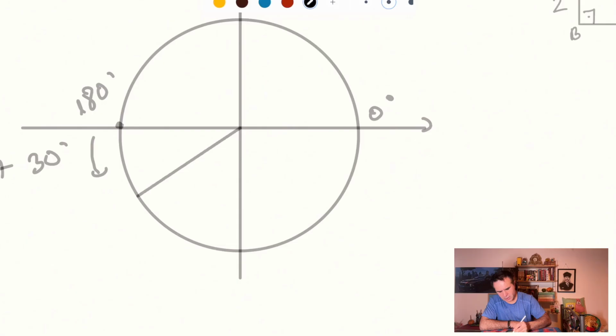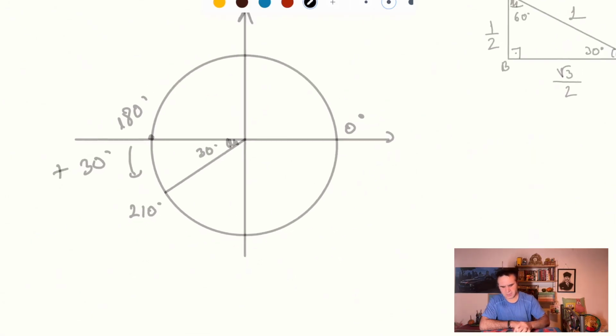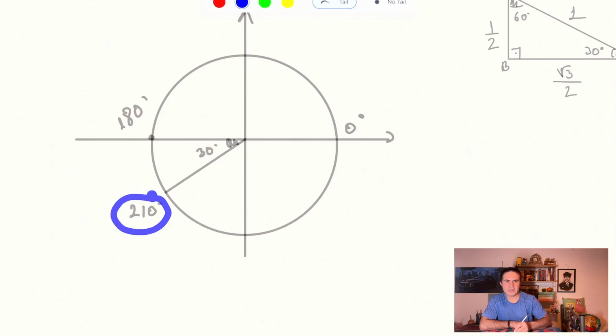Let's go here, and this angle is 30 degrees, and we have here 210 degrees. And now we need to find the sine of this, and then we draw this triangle.